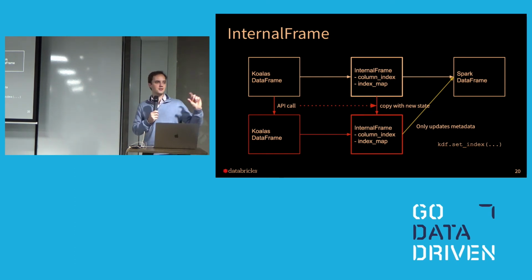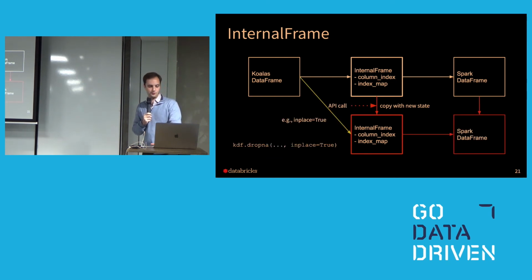It simply changes the name mapping internally without doing any operation on the Spark side. Some other operations, when you do operations that are in place in the Pandas world, will create a new internal frame, and this frame will contain the new state and will refer to a new Spark data frame. This is how we can support all the API from Pandas that has in-place operations, seemingly. All these in-place operations are actually copied and mimicked in a way that is immutable under the hood.